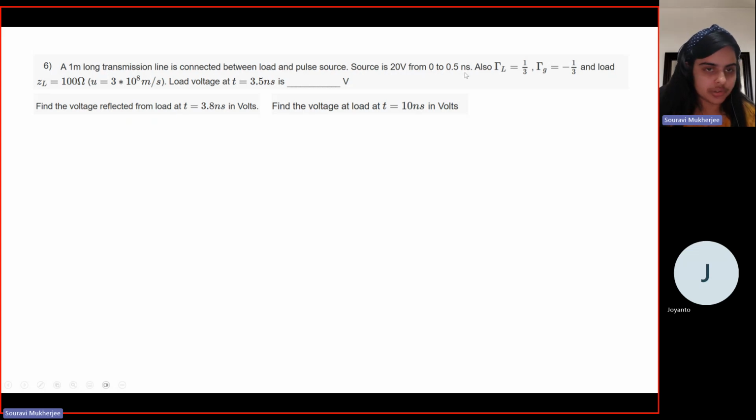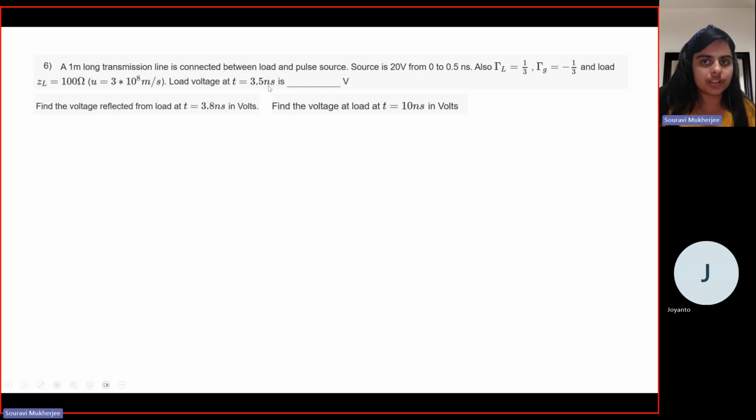So 0.5 nanosecond is your pulse width. And you know this is your reflection coefficient at the load end. This is the reflection coefficient at the generator or the source end. Okay. And this is the load. Load is 100 ohm. And this is the speed of your signal. Okay. First question says you have to find what is the load voltage at t equal to 3.5 nanosecond.